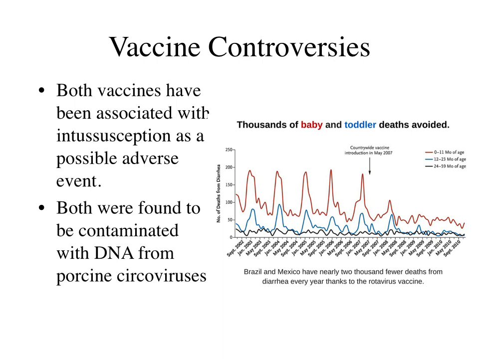Another issue was that DNA from porcine circovirus type 1 and type 2 was detected in the 2 vaccines used against rotaviral gastroenteritis. First found in Rotarix, the FDA recommended a temporary suspension of the vaccine in the U.S. in March 2010 to further assess the issue.